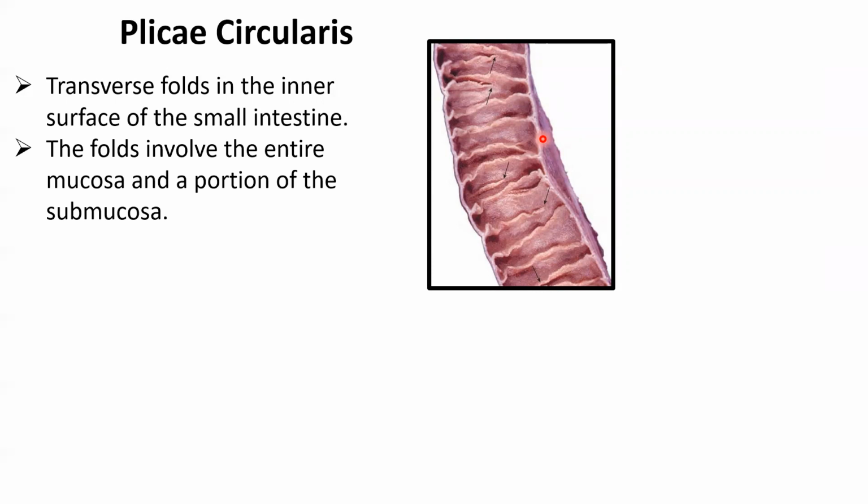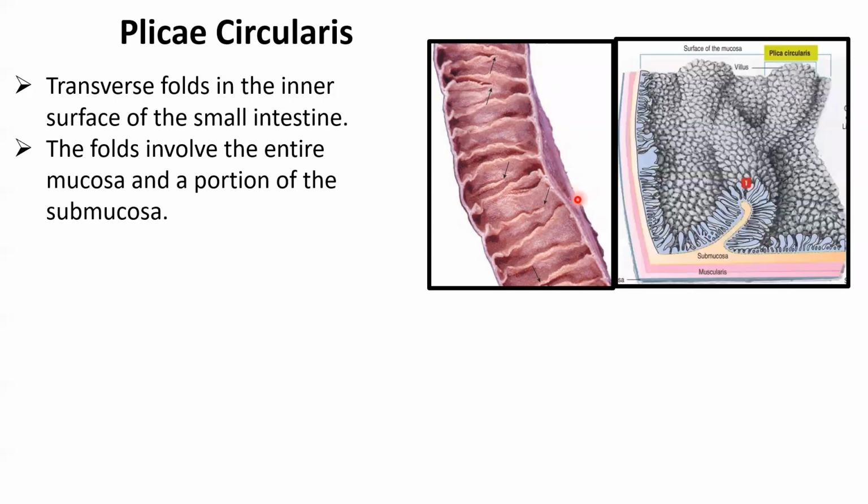The folds involve the entire mucosa and a portion of the submucosa. Again, you need to know what the mucosa and the submucosa are, because when we say that, I'm assuming you know the difference. So this illustration shows you the muscularis, and this is the mucosa, with the submucosa in between. The plica circularis are actually formed by the surface epithelium sucking the submucosa in.